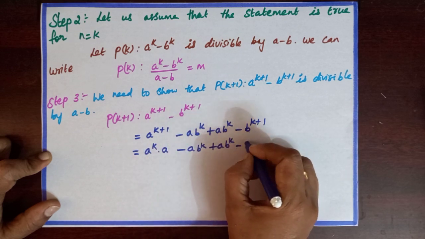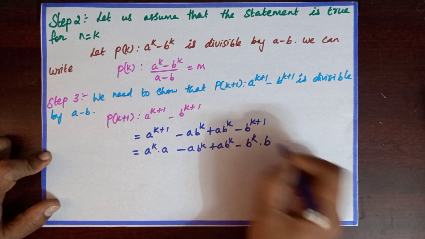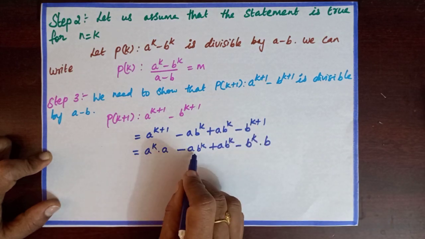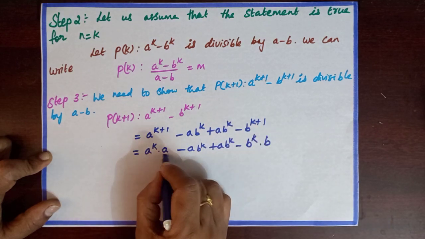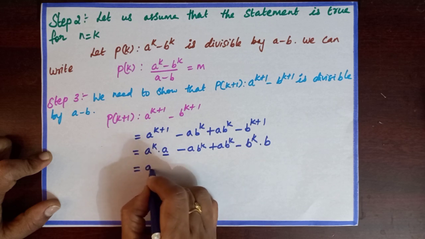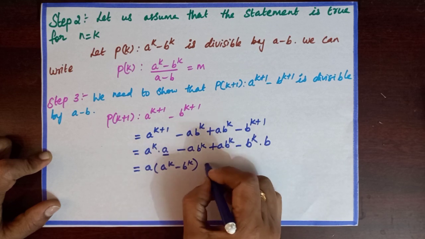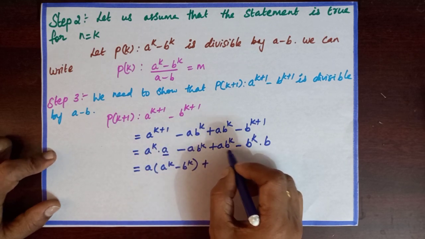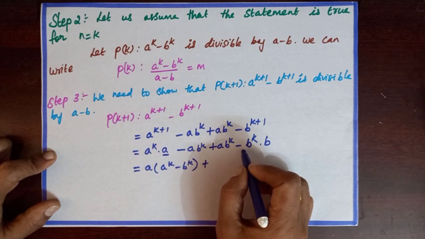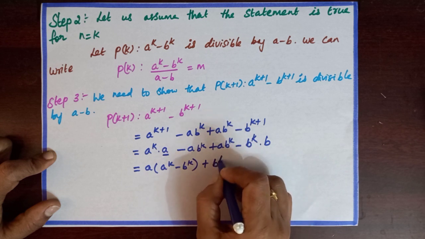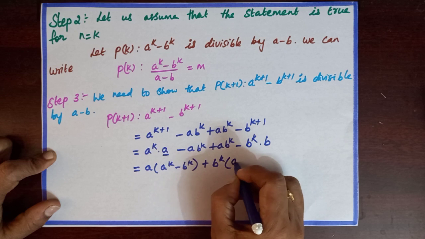B power k plus 1 can be written as b power k into b. In the first two terms, we can take a commonly out. Then we get a power k minus b power k. Plus, in the third and fourth term, we can take b power k commonly out. Then we get b power k into a minus b.